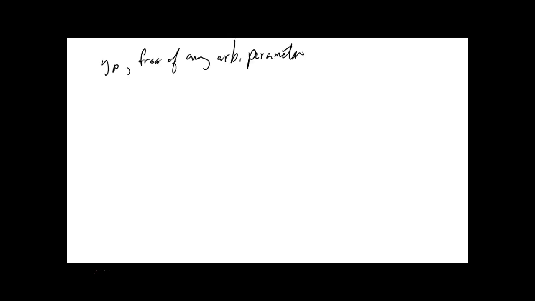That's equation 7, the non-homogeneous case. So let's say that this yp is a solution free of any arbitrary parameters. Okay, it satisfies the equation. Is said to be a particular solution.